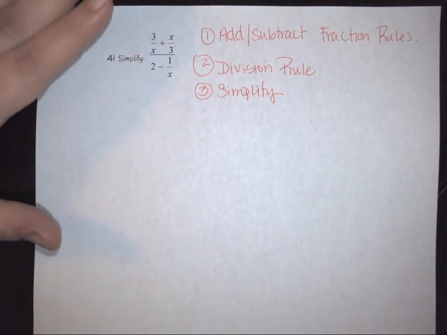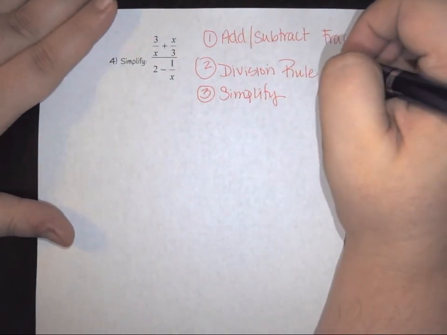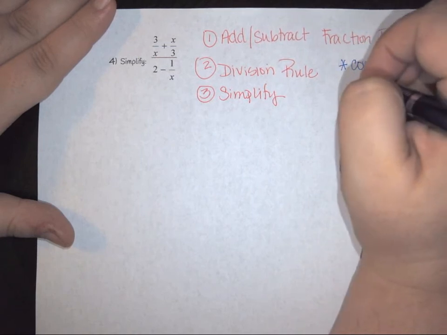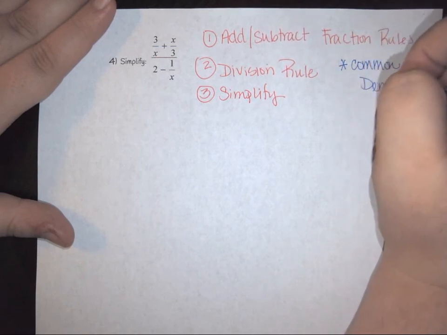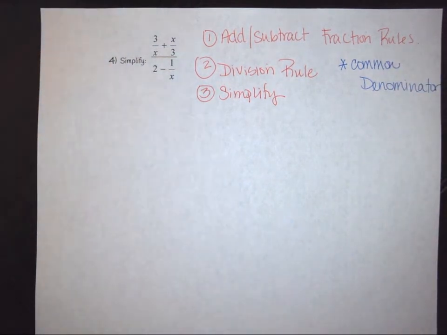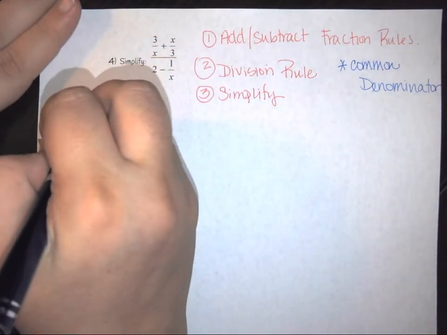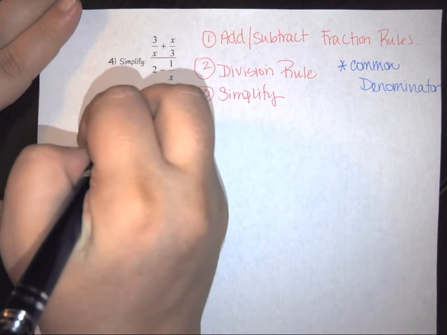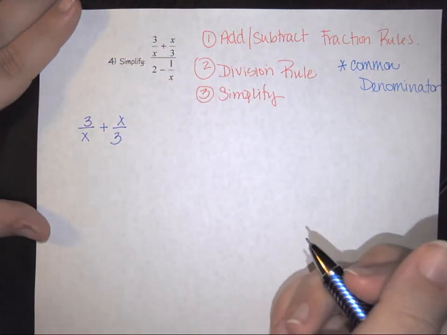Okay. So the add subtract rule says that you have to have a common denominator in order to add or subtract. So we have to look at these as two separate entities. The first thing that I have is 3 over x plus x over 3.